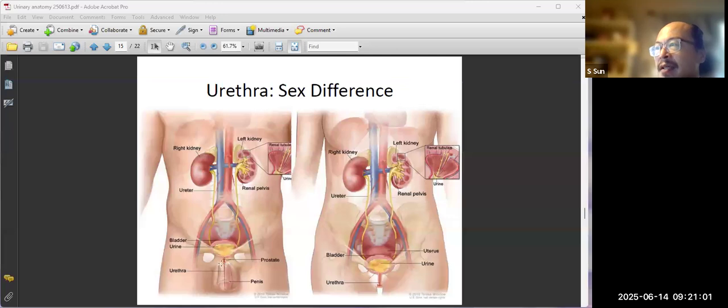Prostate is located around the beginning of the urethra, and the prostate's function is to energize the sperm, because the urethra for male is not just a urinary system; it's also a reproductive system, because sperm will get ejected through the urethra, and the sperm will need to be energized by the fuel provided by the prostate.